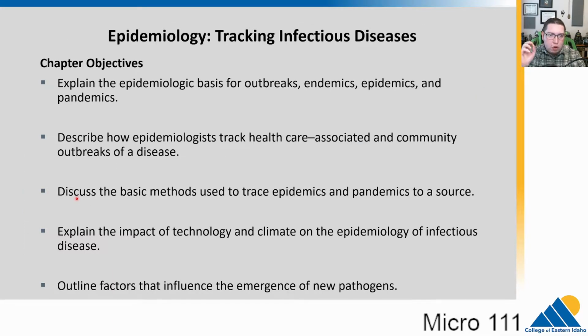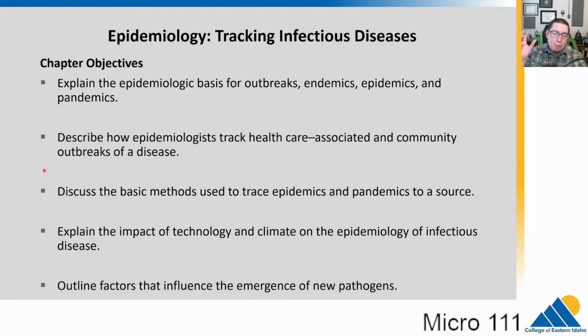Okay, so we're going to start by talking about the basics of epidemiology. Talking about things like outbreaks and endemic diseases, epidemics, pandemics. What are those? Describing those terms. Talking about how we track what we call healthcare associated outbreaks of disease, also disease in the community as well.